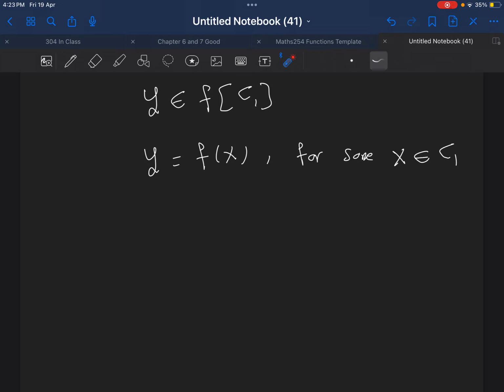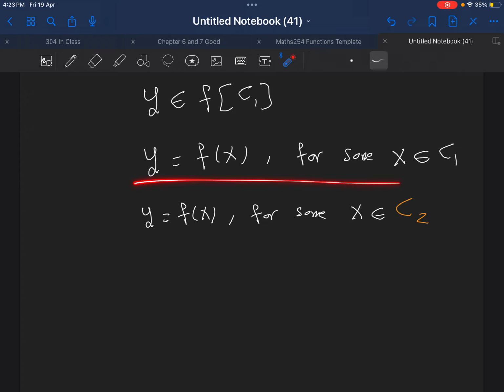But we know that C1 is part of C2, so the whole statement can be repeated, the same statement, we can just change it to for some X in C2. It's the whole statement, copy paste, except that if X is in C1, automatically X is in C2.